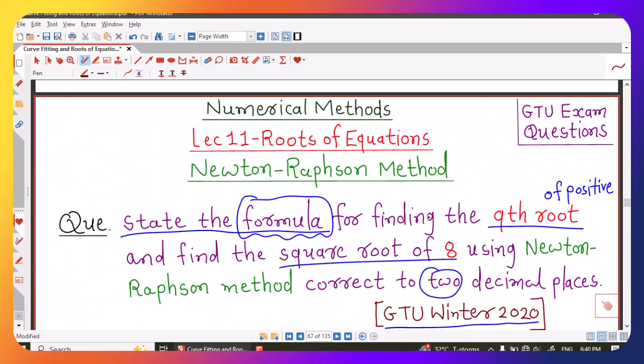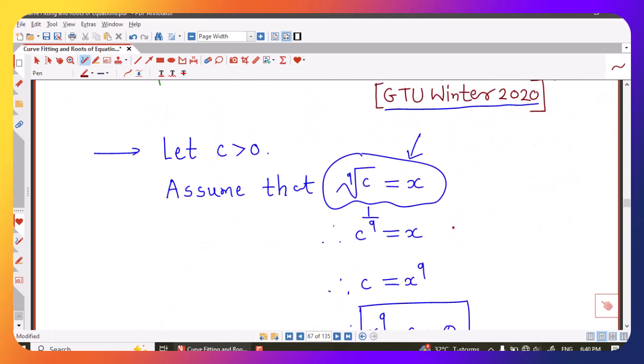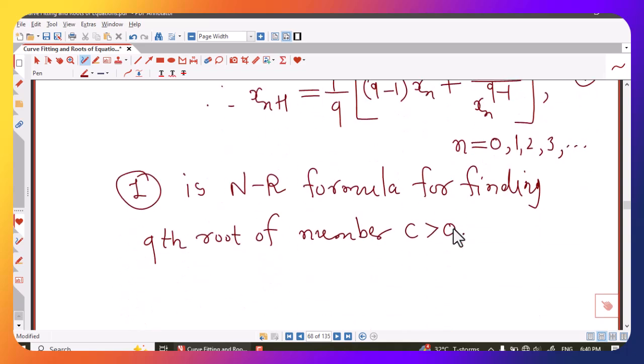State the formula for finding the qth root, and the second part is, using that formula we have to find the square root of 8 using Newton-Raphson method, correct up to 2 decimal places. So now using this formula I have to obtain the square root of 8.